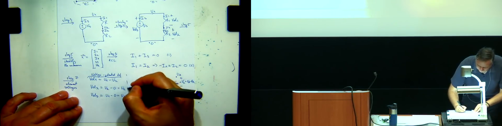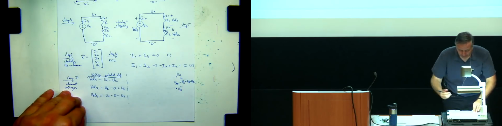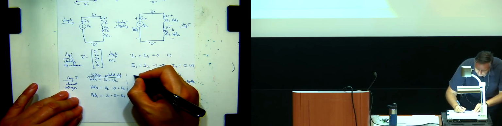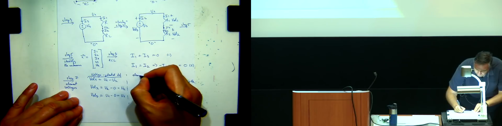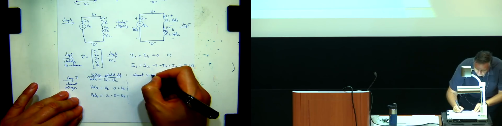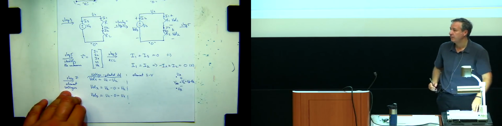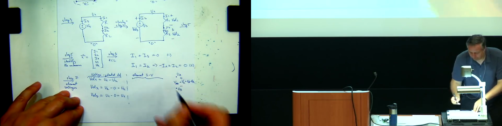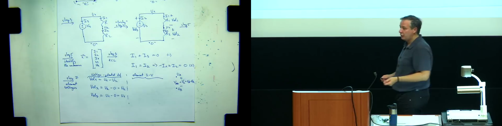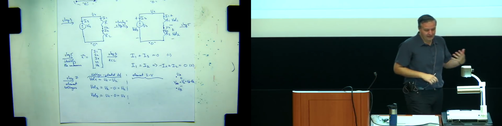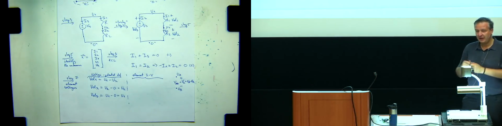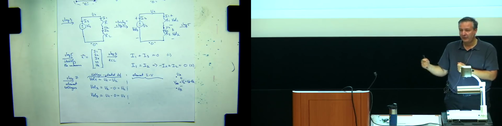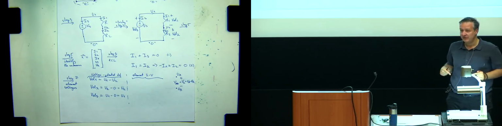So that's one part. The second part is the element IV equations. Remember from the last lecture, if my element is a resistor, I have some voltage-current element equation for that resistor. So I better use it now.